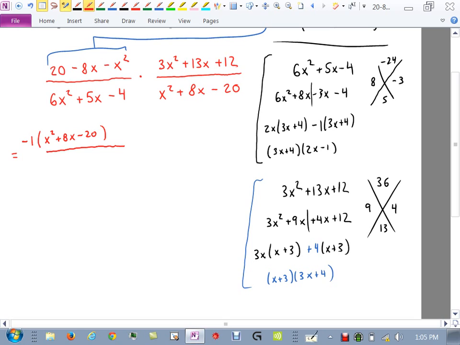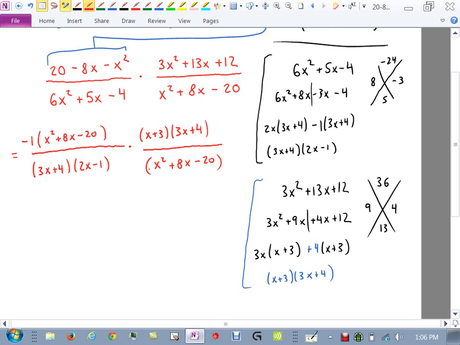The bottom left one turned into 3x plus 4, 2x minus 1, times the top left one turned into x plus 3, 3x plus 4, and the bottom right one, we're leaving it alone, right? And I'll put it in parentheses, though. Any questions where any of that came from?